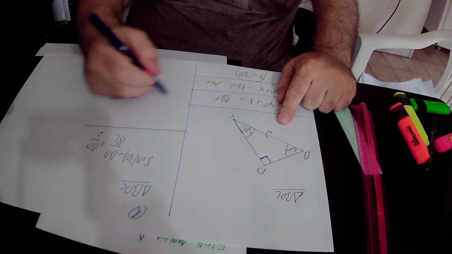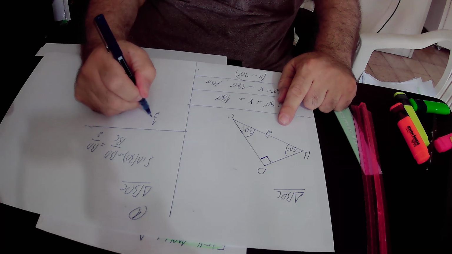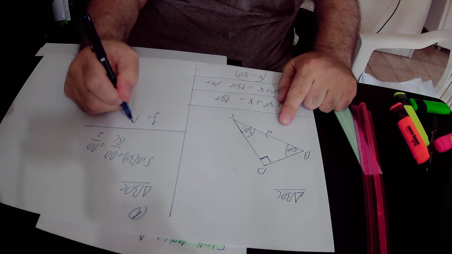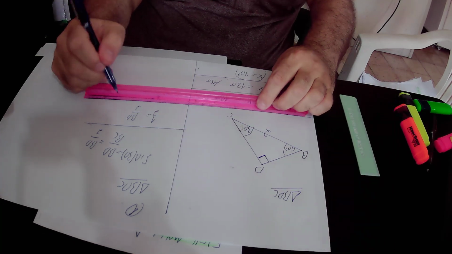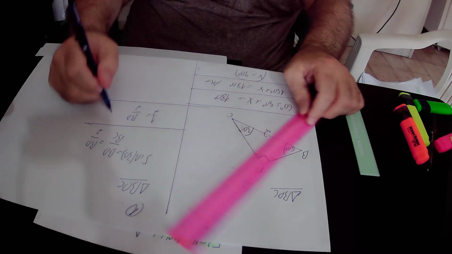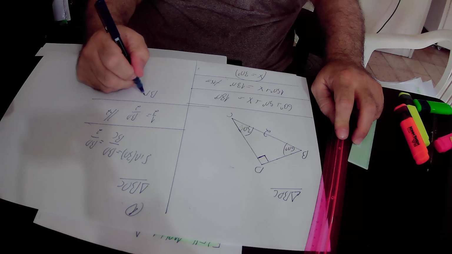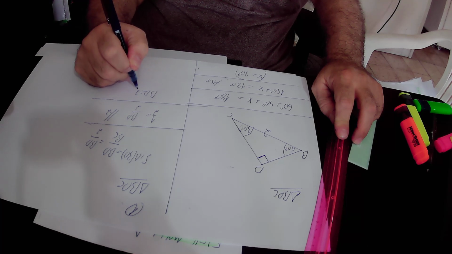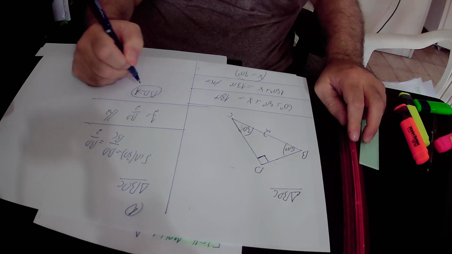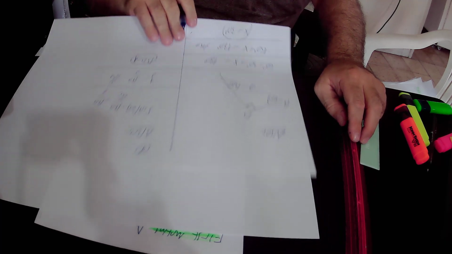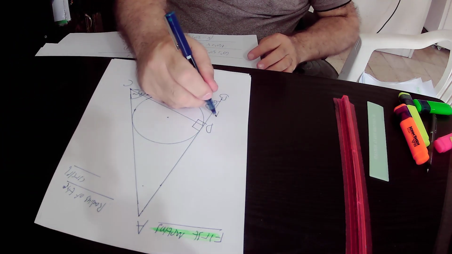And sine 30 degrees equals 1/2, so 1/2 equals BD over 2. Here we multiply this equation by 2 and we get that BD equals 1. So here BD equals 1.